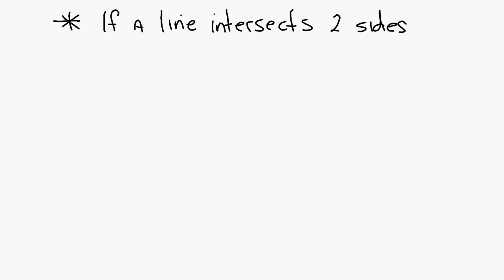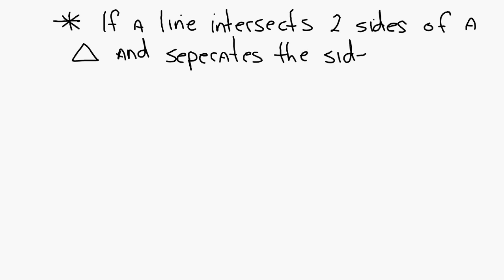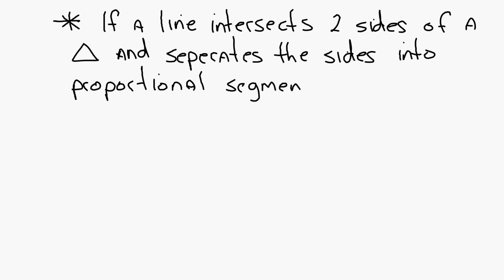It says that if a line intersects two sides of a triangle and separates the sides into proportional segments, then the line is parallel to the third side.